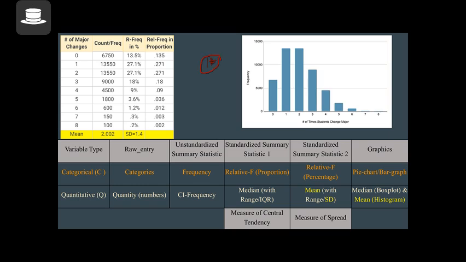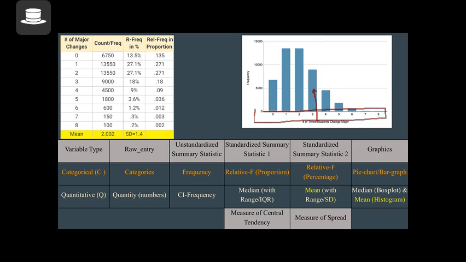Well, it's something like, on average, how many times do college students change their major? We need one number that can explain and represent the quantitative variable, right? Like, what is the average shoe size of males in the United States? That one number should represent the typical value for that variable.